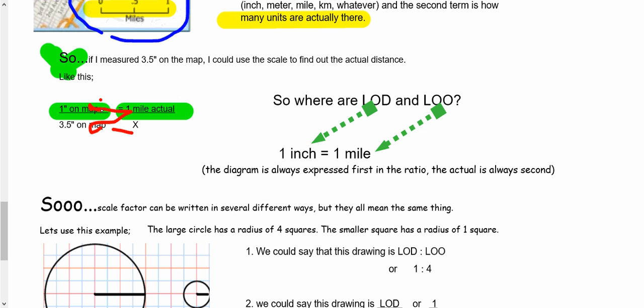So x is equal to 3.5 times 1 divided by 1. If I measured 3.5 inches on the map, I'm really going 3.5 miles.